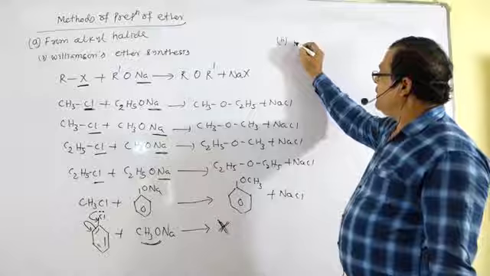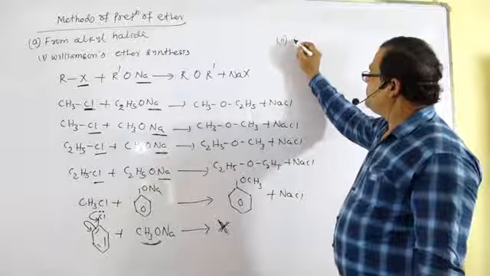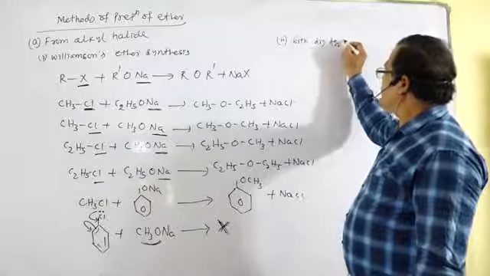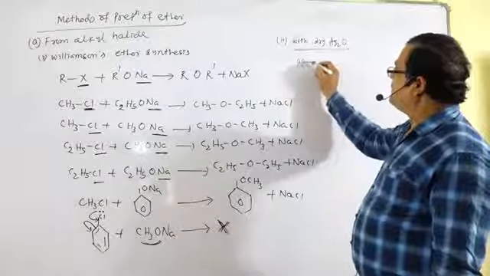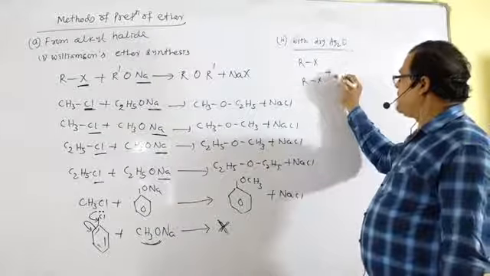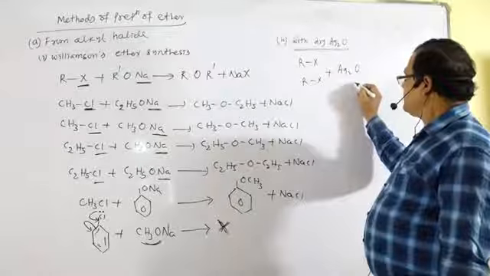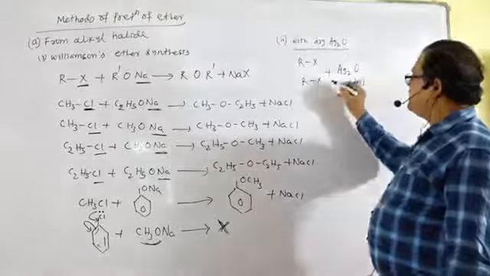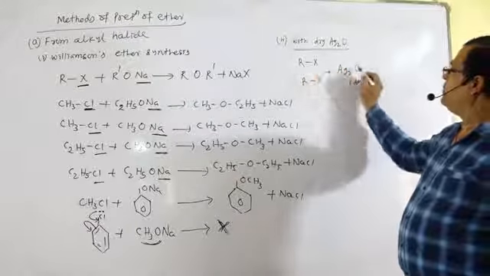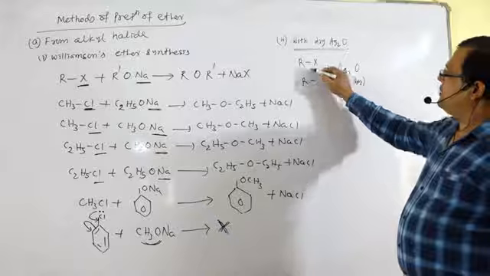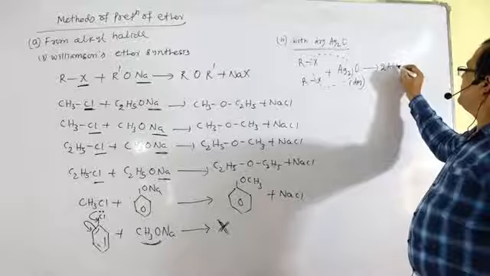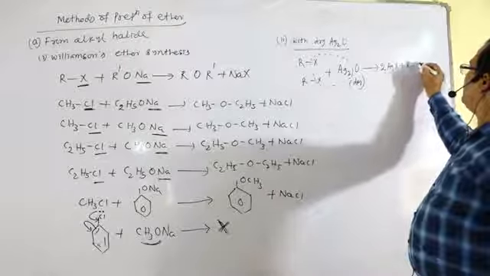When alkyl halides are treated with dry Ag2O, in the dry medium, the halide part is removed in the form of 2 AgX, and there is the formation of 2 AgX plus ROR, ether.